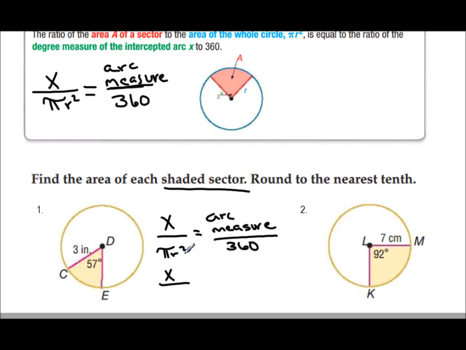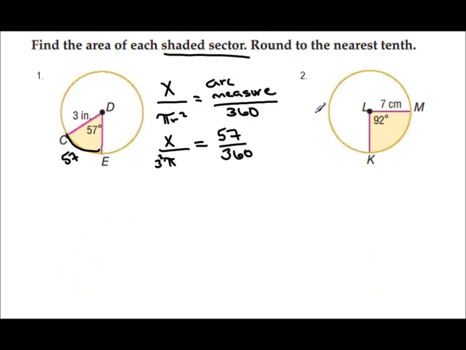So pi times the radius squared would be pi times 3 squared, which equals the arc measure. So the arc measure is equal to the central angle, which is 57 out of 360 degrees possible. Okay, so bringing it down, x over 3 squared, which is 9, times pi, equals 57 divided by 360.